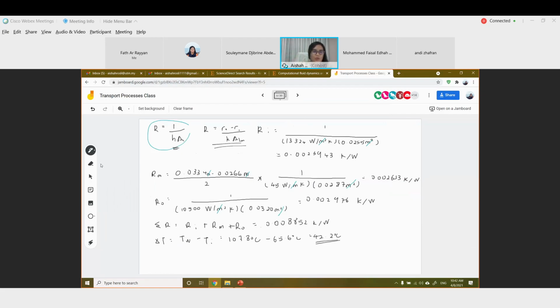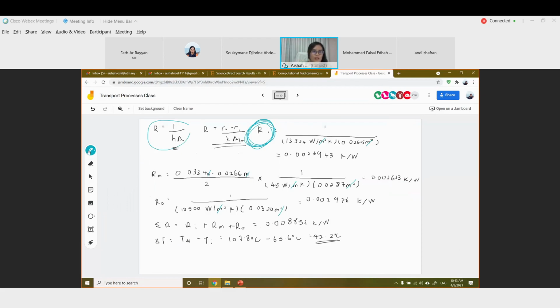So what we need to consider is the inside resistance. We are not thinking about the outside resistance and the wall resistance, because water is not present in either of these.